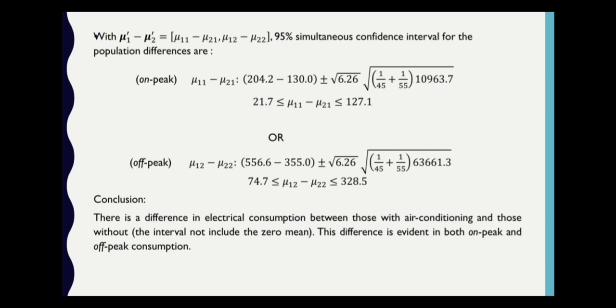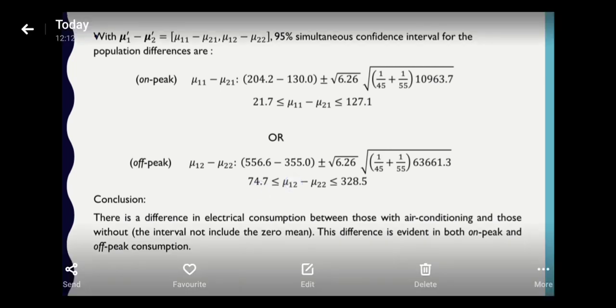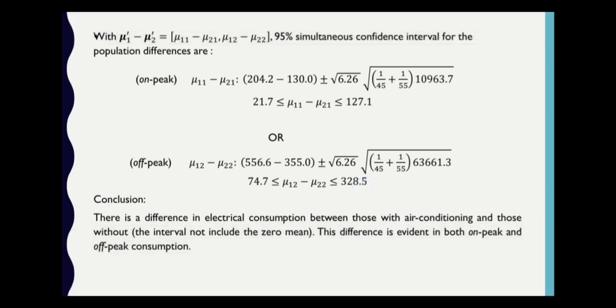So we can say that the mean difference of the two populations are significant for first variable. Okay. Tengok pula untuk second variable pun sama, the interval does not include 0. Okay, so both of the confidence intervals for each of the variables do not include 0.